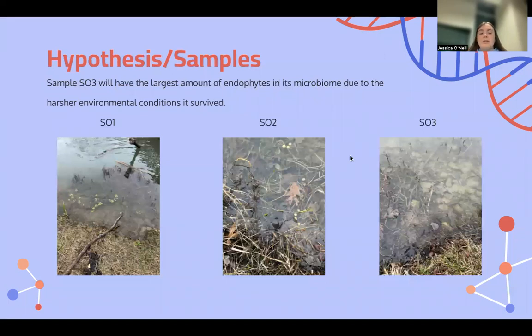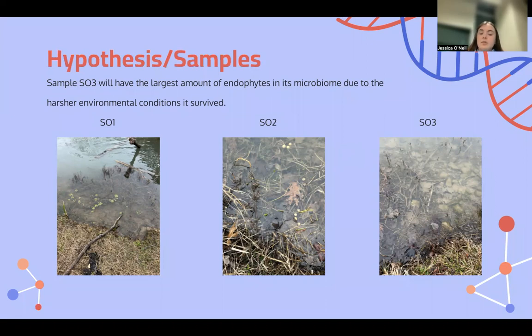The three samples that I used were labeled SO1, SO2, and SO3. My hypothesis was that SO3 would have the largest amount of diverse endophytes within its microbiome because it had the harshest environmental conditions to thrive in.